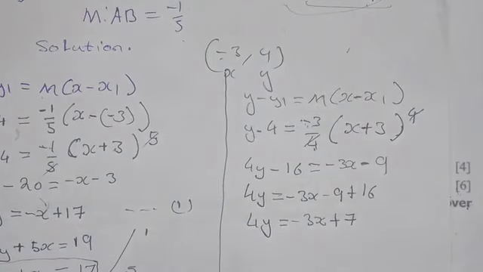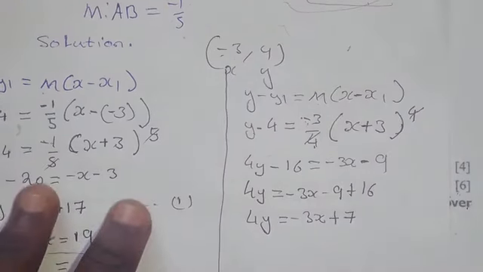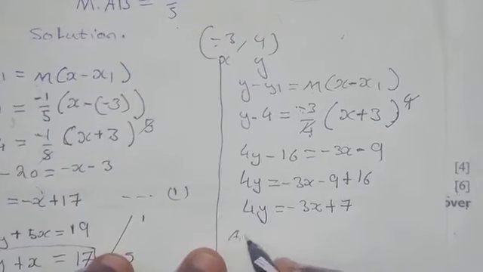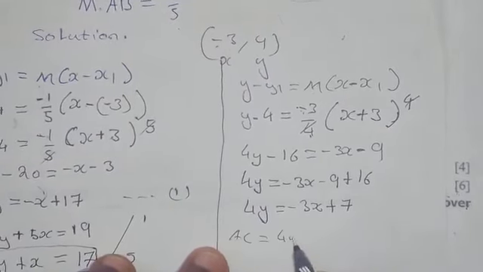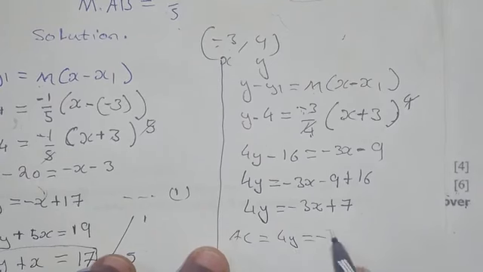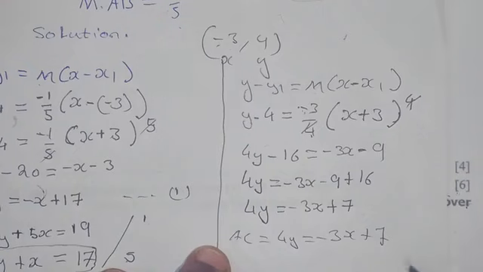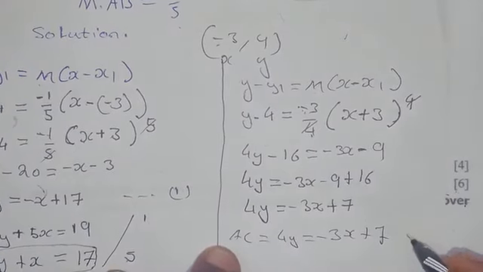If you're dealing with different signs, you subtract, and then you get the sign from the bigger number. Okay, so this is the equation of AC. Equation AC is 4y equals negative 3x plus 7.